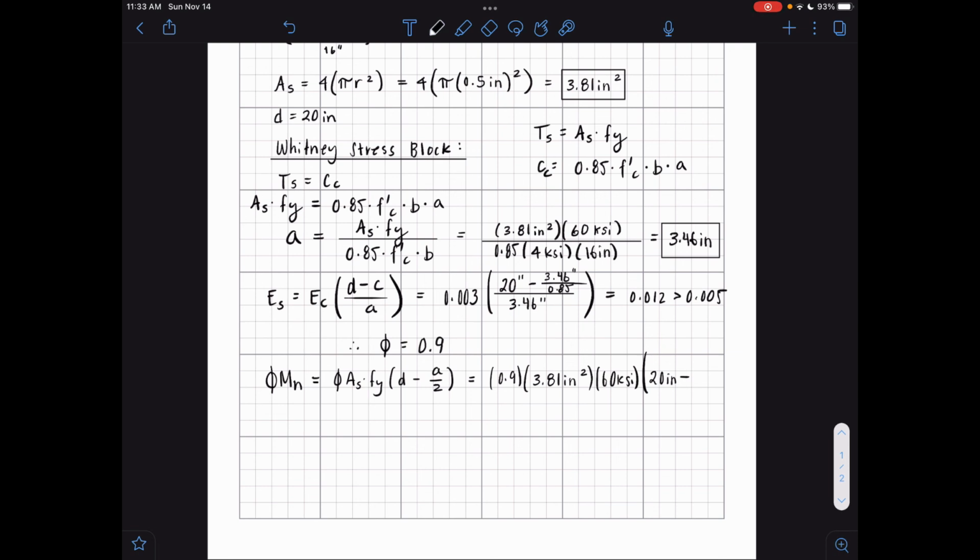So a we know is 3.46, all over 2. So phi times Mn is equal to 258 kip-feet. So that is the design flexural capacity of this concrete beam section.